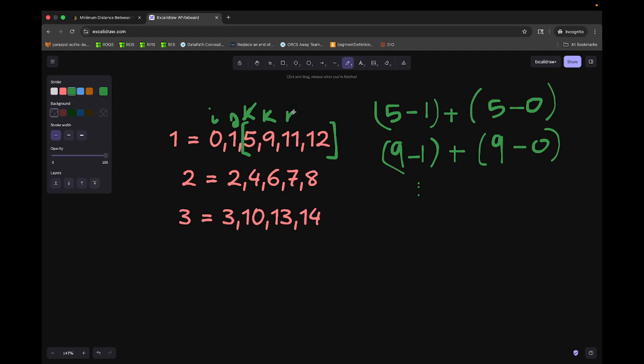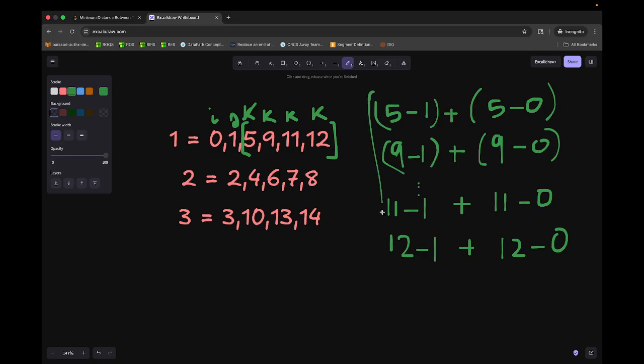If we pick this as k, it becomes 11 minus 1 plus 11 minus 0, and if we pick k as 12, it becomes 12 minus 1 plus 12 minus 0.